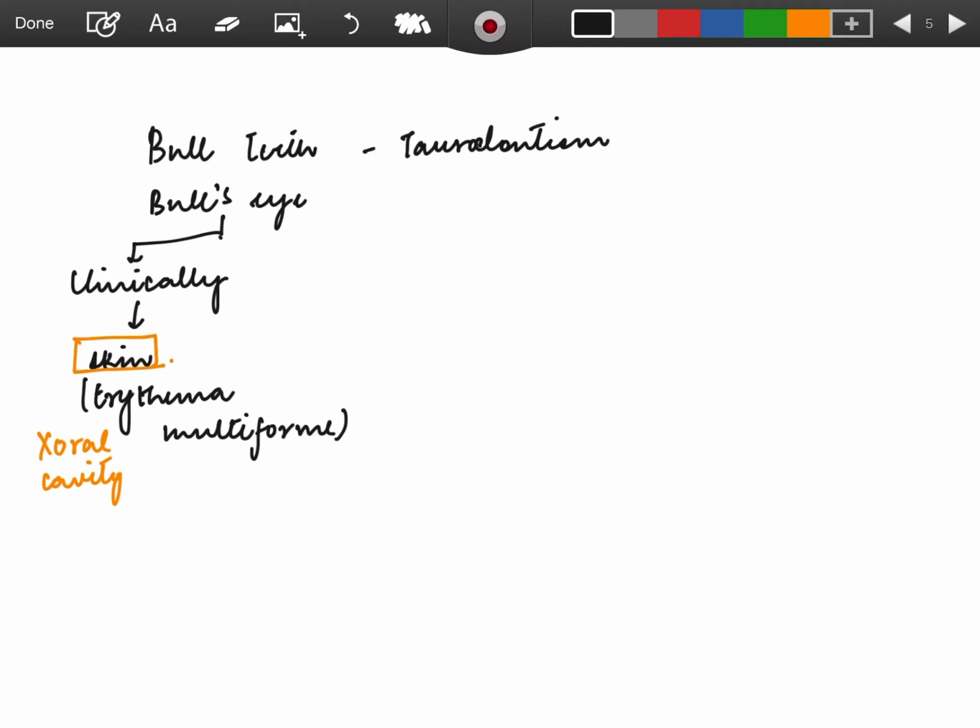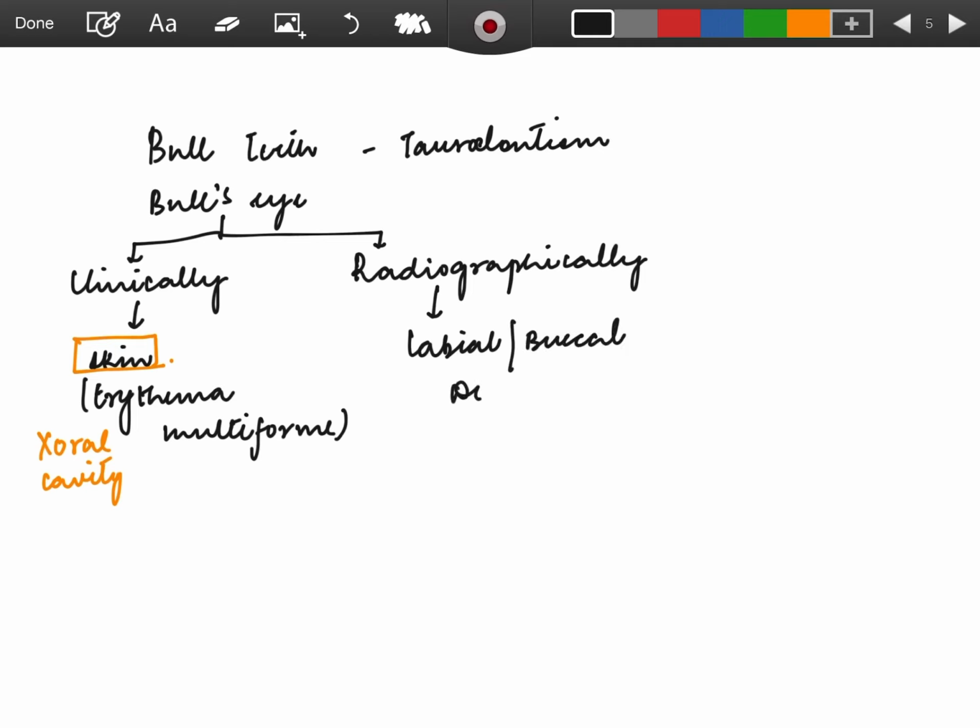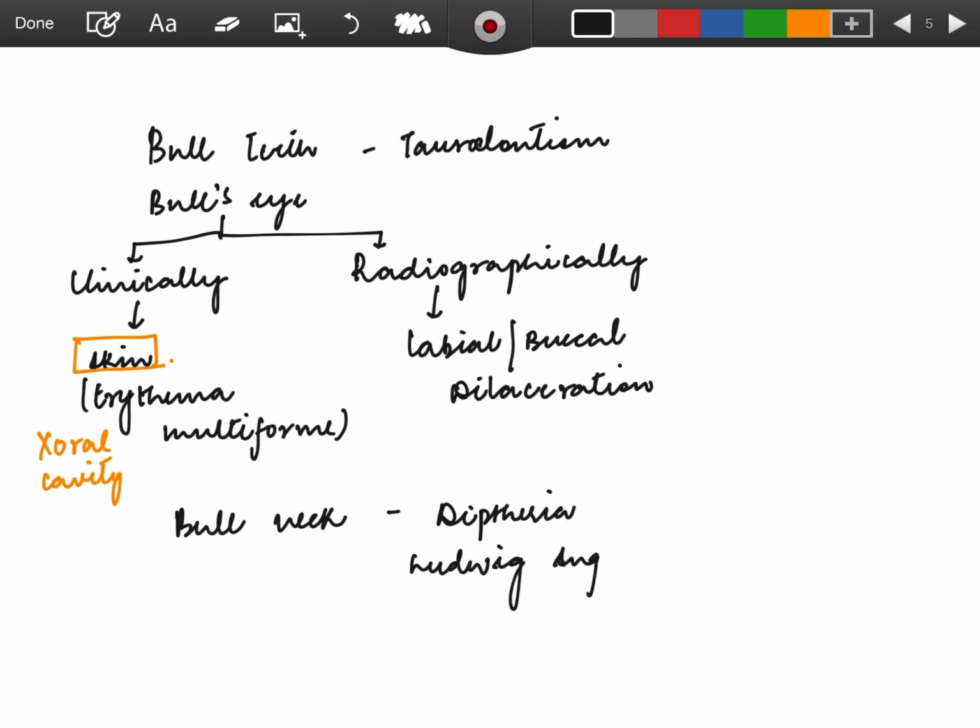And the bullseye radiographically is seen in the labial or buccal dilaceration, again a developmental anomaly. So bull's neck, it is seen in Ludwig angina and diphtheria.